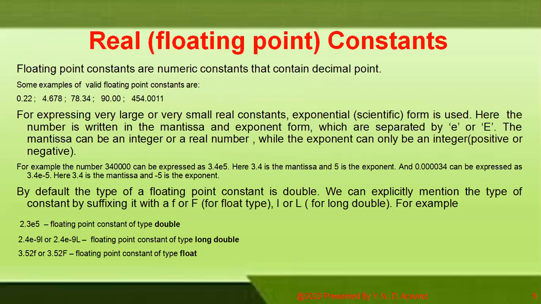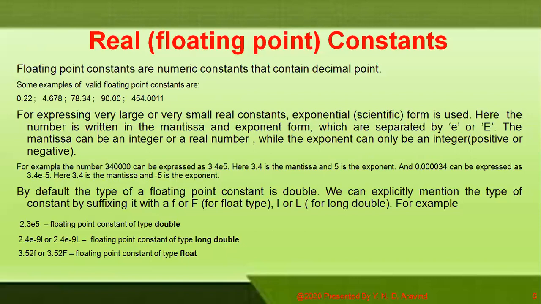Coming to real or floating point constants, a floating point constant must contain both integer and decimal parts. Sometimes it may also contain the exponential part.